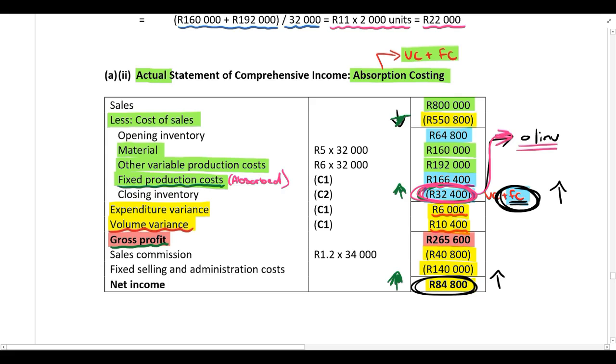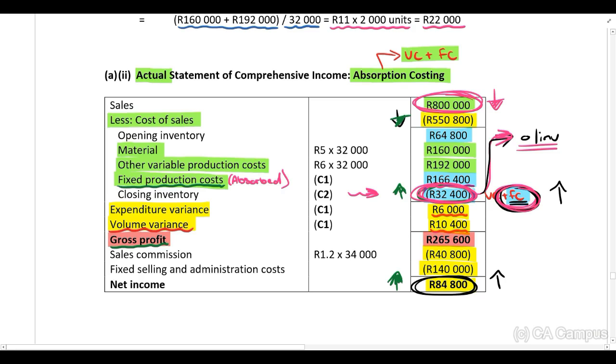So if the company produces a lot for the first couple of months, but they don't have a lot of sales, what will happen is those units will be sitting over here in closing inventory, and the fixed cost will be allocated to the units in closing inventory and will not be expensed in this period. So even though your sales will be low for the first couple of months of the year, because the company isn't expensing the fixed cost yet, they won't necessarily report losses. They will only start expensing this fixed cost in future periods when they actually start selling the units.